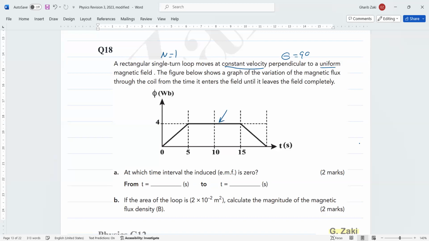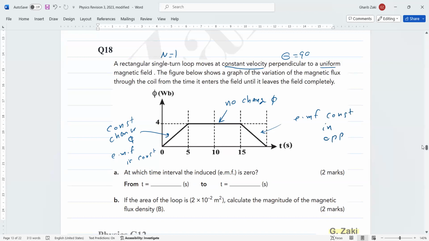At the top, when it's straight, there is no change in flux. Here we have constant change in flux, so the induced EMF is a constant value. Also this one, EMF is constant, but opposite to the first case. Also the same slope, so the same value.